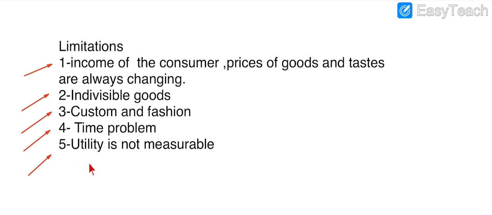You can't tell me how much utility you obtain by drinking one glass of juice. I can't tell you how much utility I obtained from one cup of coffee. So practically, utility is not measurable. So it is a difficult question to decide what type of utility and how much utility we obtain from the commodities we consume.